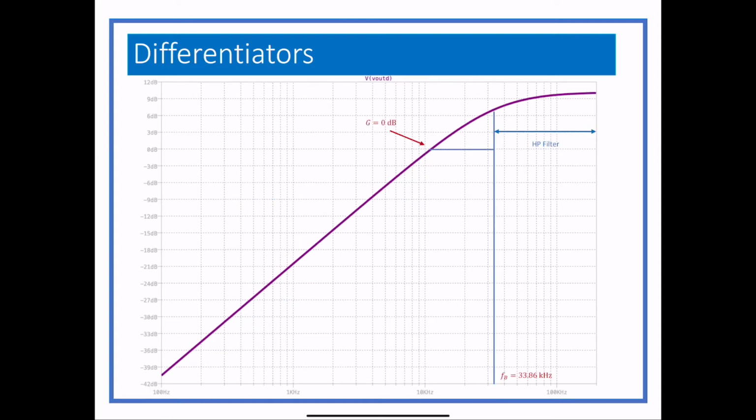The 0 dB gain on this graph is really, really close to the break frequency. So we only get a really narrow range of frequencies that will give us a positive gain, and a lot of frequencies that will give us basically a negative gain, which means the signal goes down.